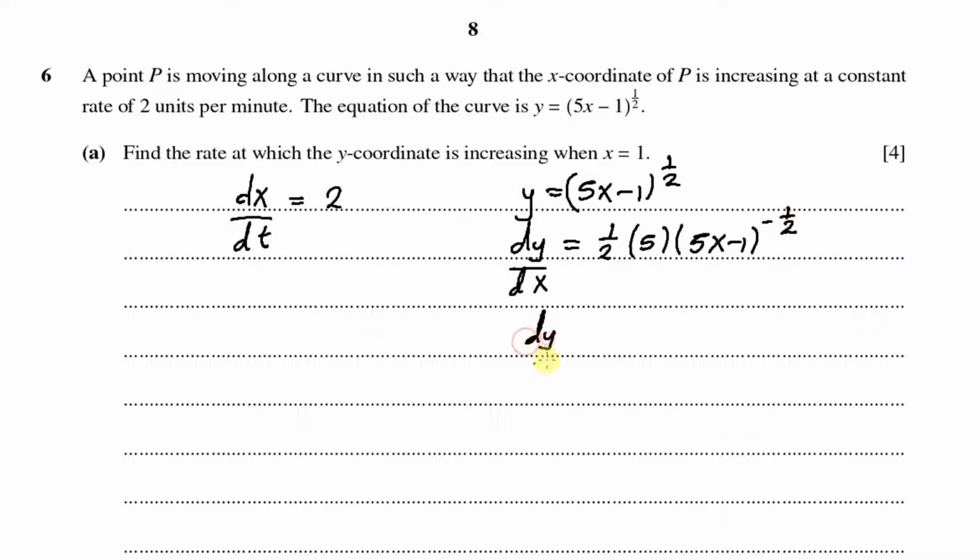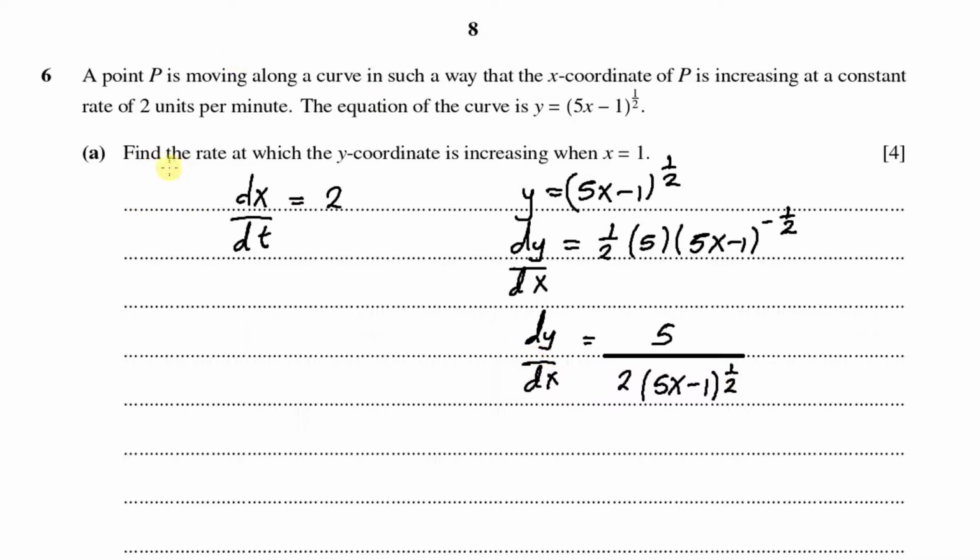This can be simplified to, at the top I'll be having 5, and at the bottom I'll be having 2 bracket 5x minus 1 to the power of a half. So this is dy by dx.